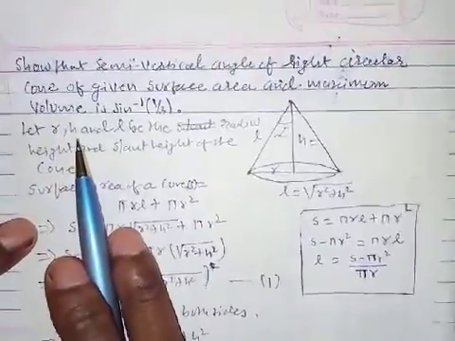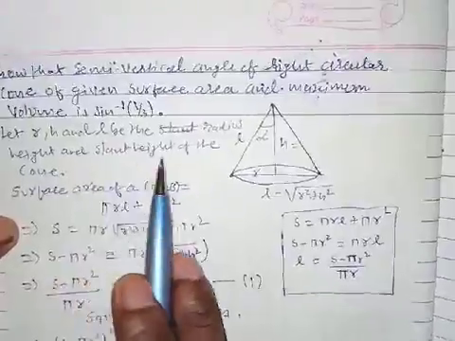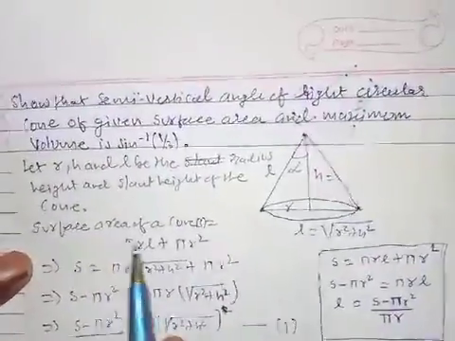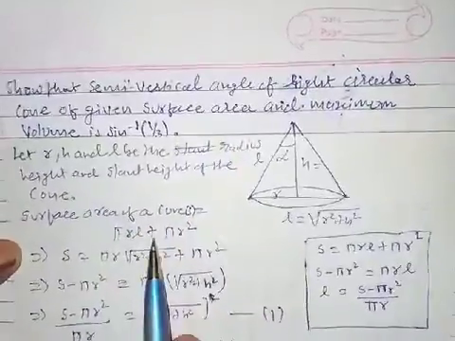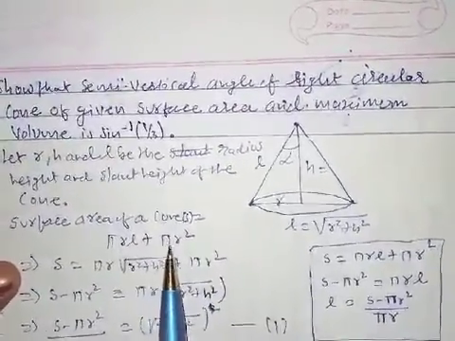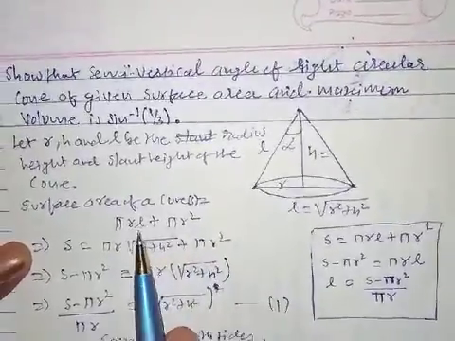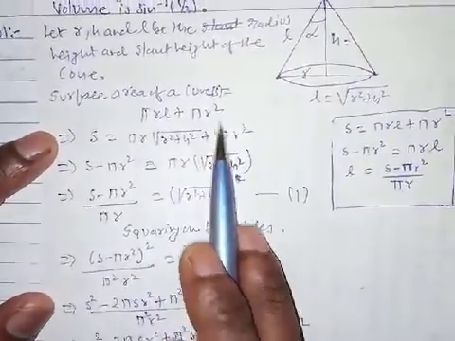Let R, H and L be the radius, height and the slant height of the cone. So surface area of the cone, because it is given, no? So we will start with surface area. Surface area of the cone is pi R L plus pi R square. So L you have to substitute, square root of R square plus H square, plus pi R square.